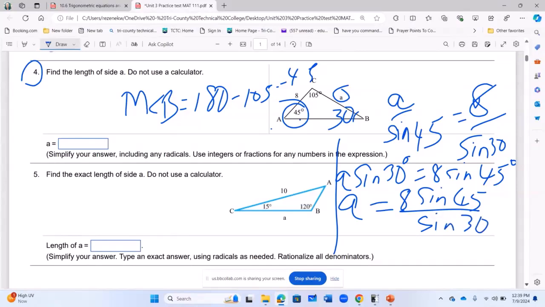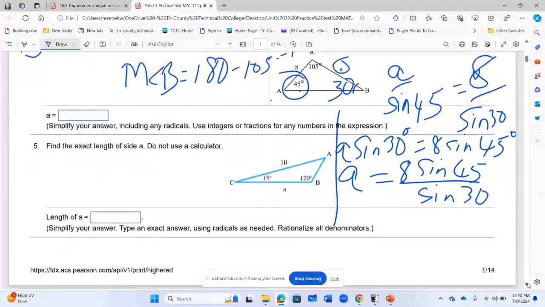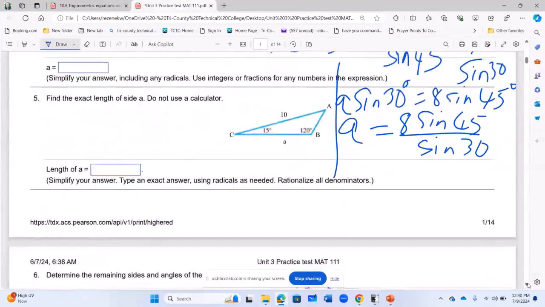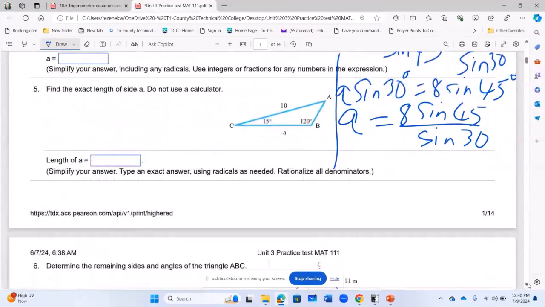Now I put in the ratios that I have. Sine 45 degrees is root 2 over 2. All they're trying to see is, do you remember your unit circle? Somebody wants to know if you remember your unit circle. So even in sine and cosine rule, the unit circle is still there.